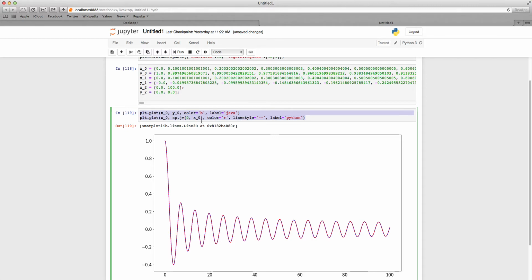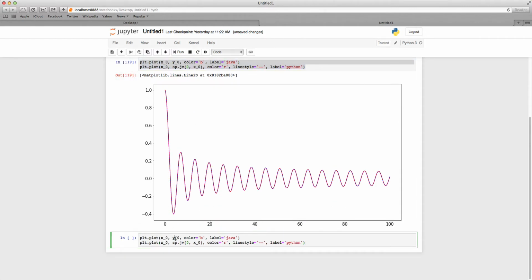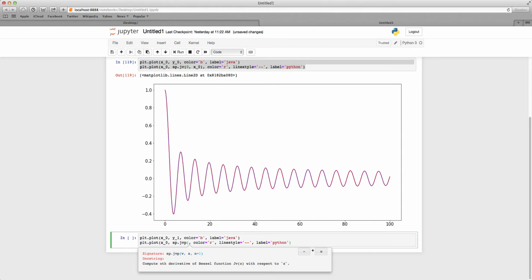And then we can also plot the derivatives. So instead of y0, I put y1. And here, instead of jv in the scipy.special, we have jvp. Okay? jvp is jv prime. In the Java code, I wrote jv deriv, but here we have jvp.